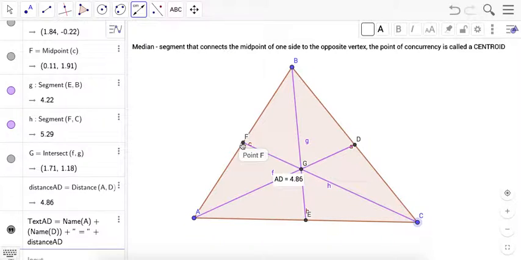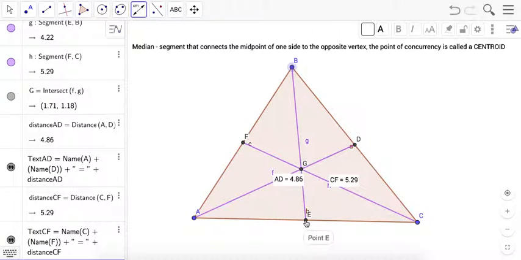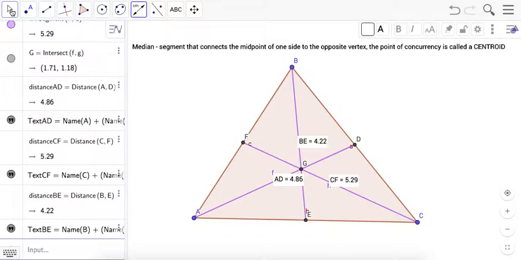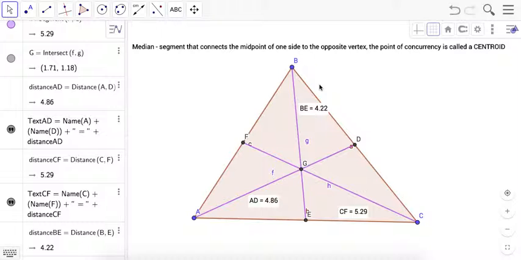Let's go C to F, and then B to E. If you notice each of these medians, they're not congruent. So this one from C to F is 5.29. This one from A to D is 4.6, and this one from B to E is 4.2. So the medians themselves are not congruent.